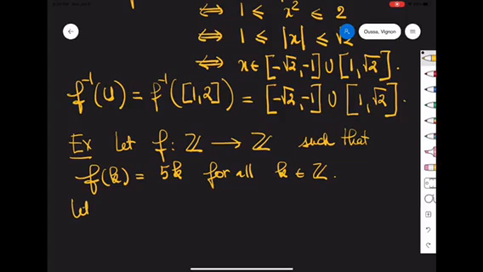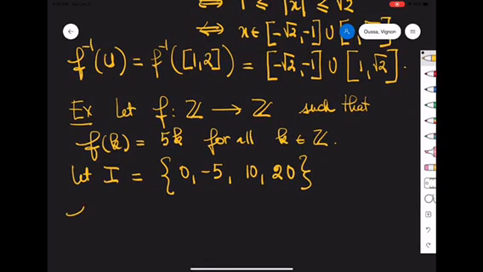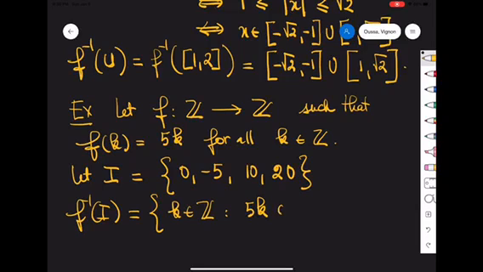Let I be the set containing 0, negative 5, 10, and then 20. So let's think, what is f inverse of I? It will be the set of all k in Z such that 5k is in I.